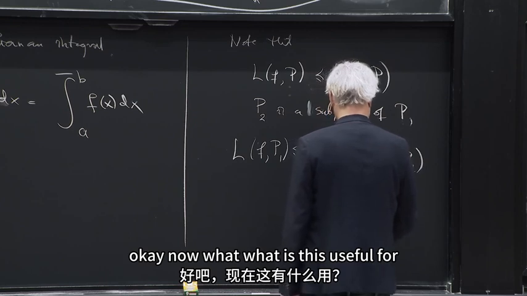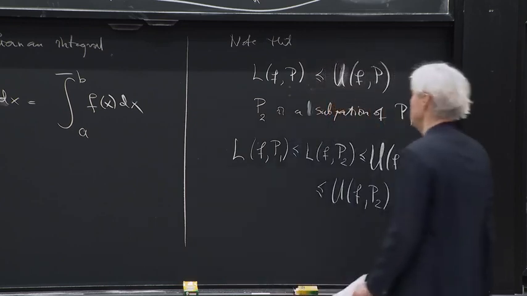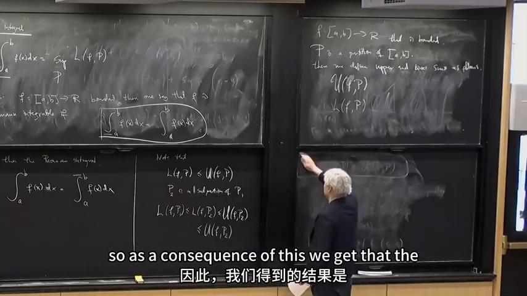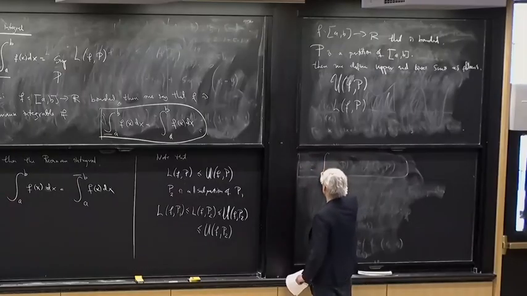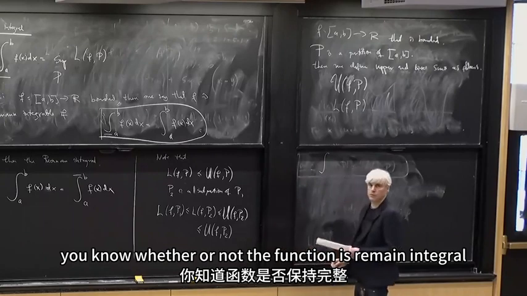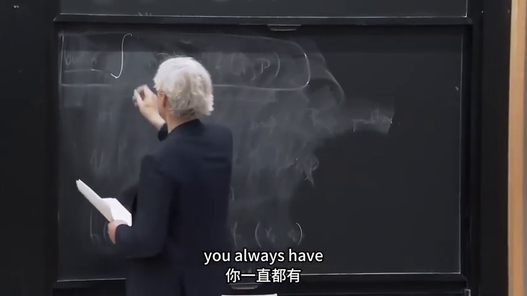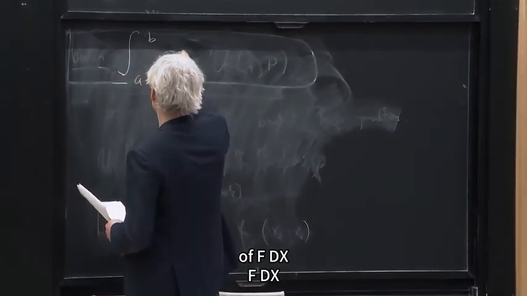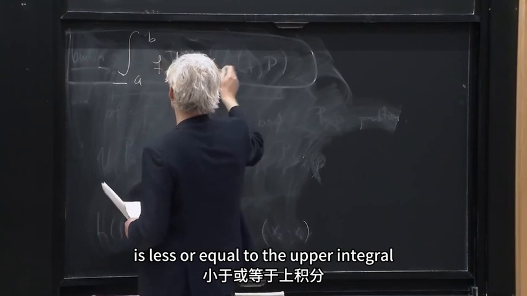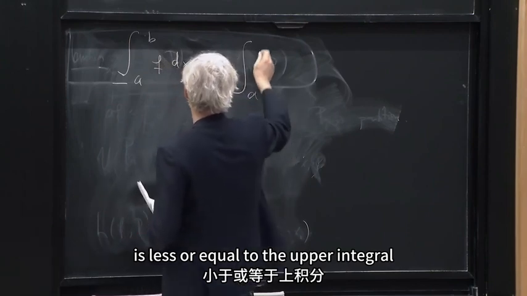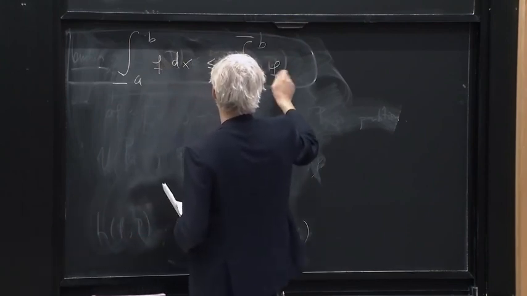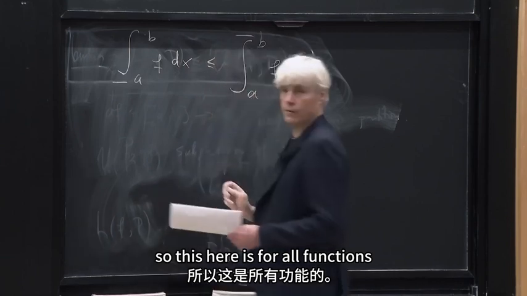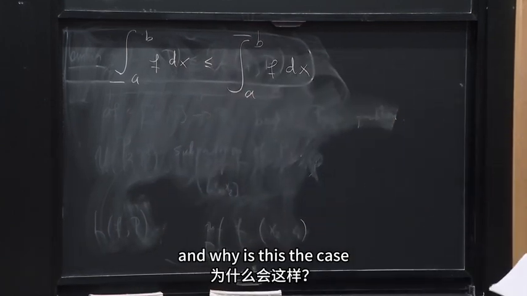Okay, now what is this useful for? As a consequence, whether or not the function is Riemann integrable, you always have that the lower integral of f dx is less than or equal to the upper integral. So this holds for all functions. And why is this the case?